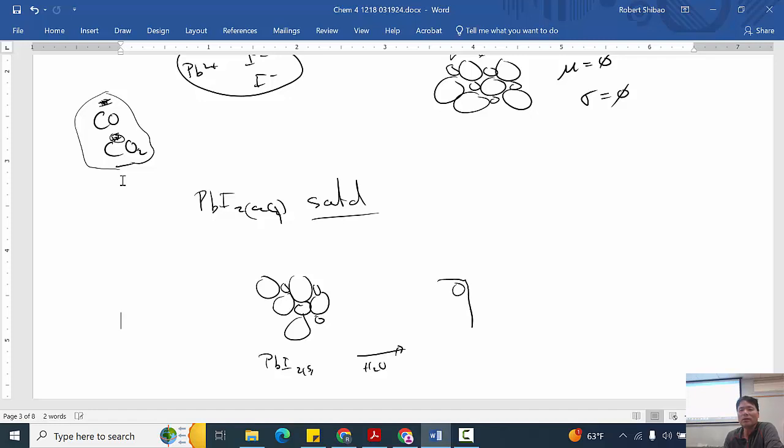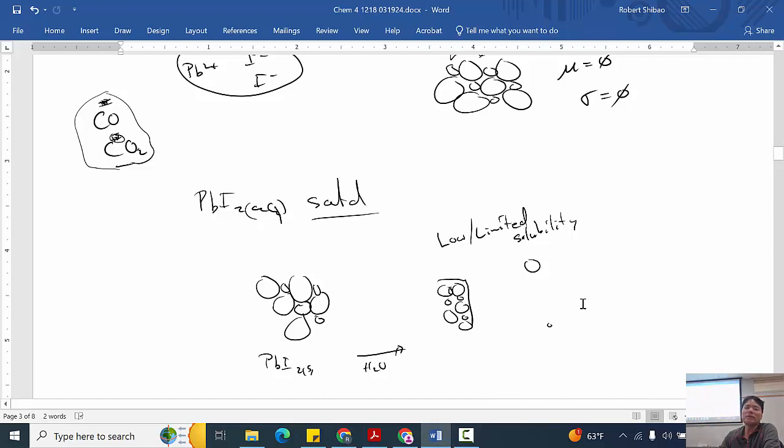Most of the solid stays as solid, and very little actually dissolves. So we say that this is low or limited solubility. But whatever did dissolve, we're going to form hydrated ions.